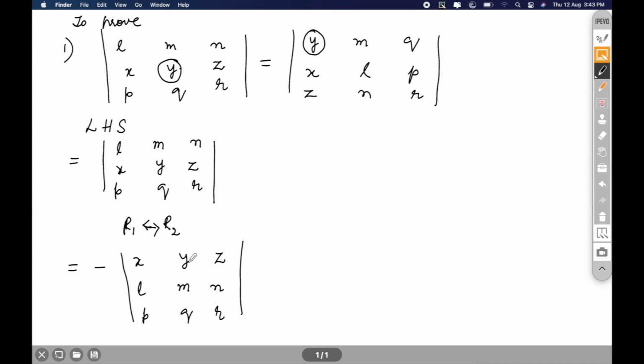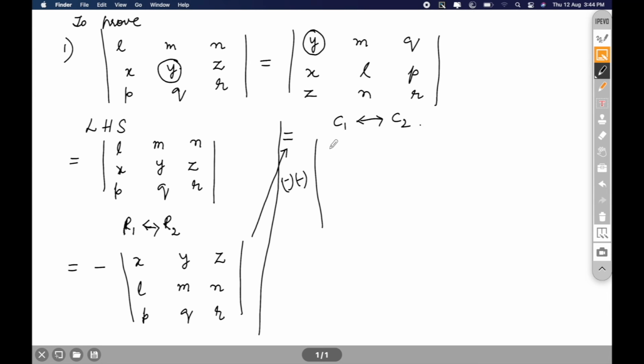Next, I wish to take Y to the first column. So I am just drawing a line. Now, column 1 has to interchange with column 2. So this gives another negative sign. We already had a negative sign and another negative sign comes now.